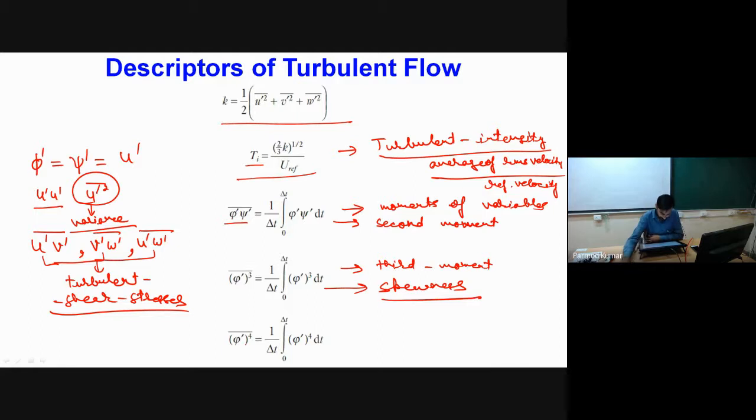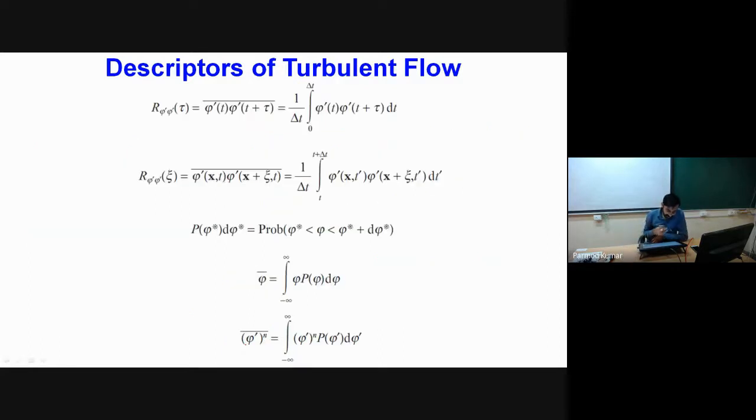Okay. Then we have some other descriptors for defining the turbulent flow. These descriptors are defined corresponding to the differences in time or differences in space. So the first one over here is, we have some parameter phi dash. We have obtained its value at time t, and we have also obtained its value at time t plus tau. Okay.